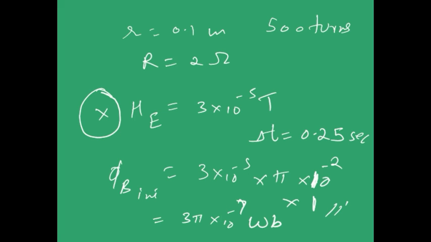Wb stands for Weber, it is a unit of magnetic flux, and my final flux will be the same thing. Instead of cos 0 I'll get cos 180 here, so it will be minus 3 pi into 10 power minus 7 Weber. So my net change in flux is 6 pi into 10 power minus 7.